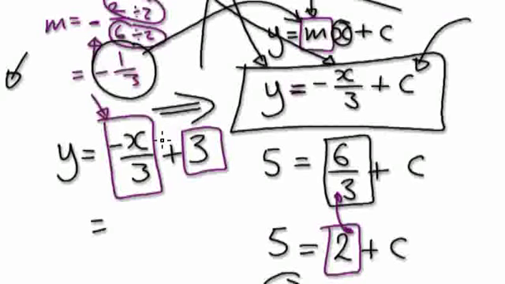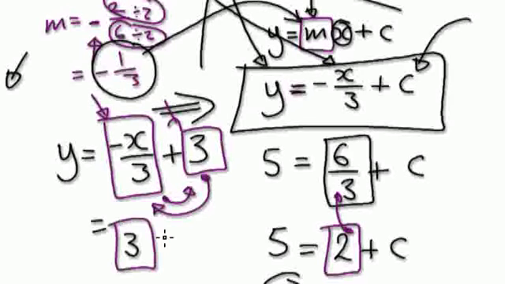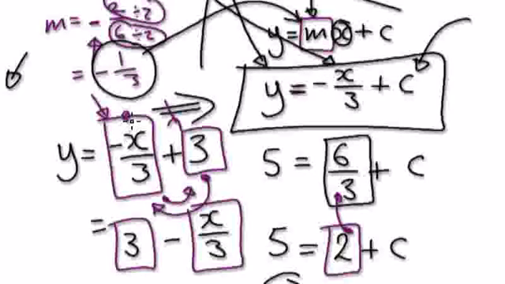You've got a minus here and a plus here, so let's switch these two over. So this will be 3 minus x over 3. We're just switching these two boxes over so it looks neater.